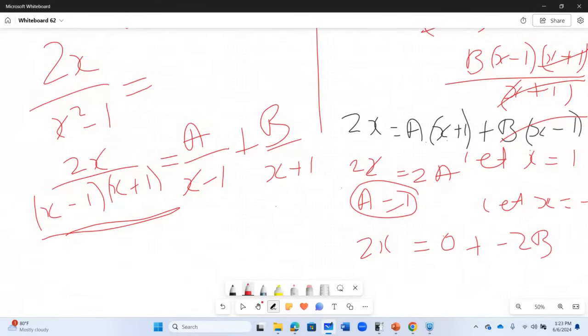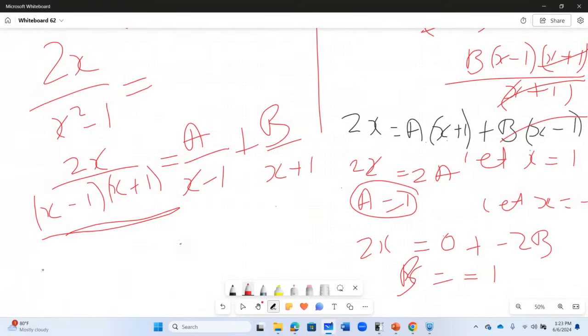So then I can do the substitution and get the values of the function. When x is negative 1, you put negative 1 here, and so you have negative 2B is equal to 2x, and so x is equal to negative 1, B equal to negative 1, and then go back and substitute.